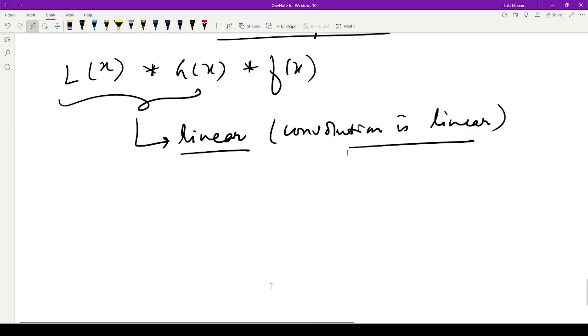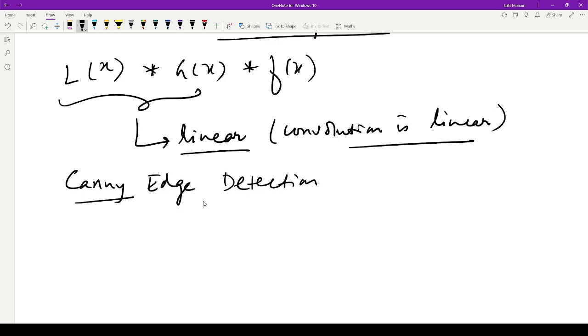Okay. Given this, there was Canny edge detection. So what's so great about Canny? Why do people celebrate this method? Anyone? It reduces error in edge detection.